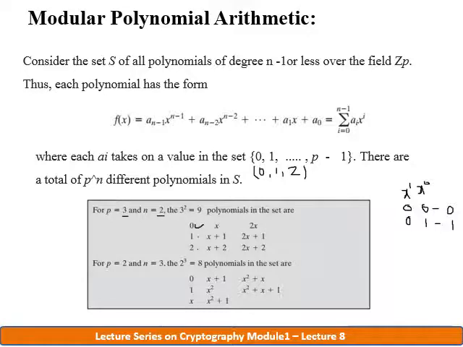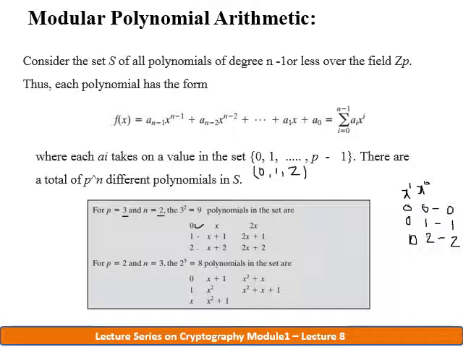Then 1, 0 and 0, 0, 0, 1. The next combination is 0, 2. The value of this is 2. Why have I taken 0, 1 and 2 here?